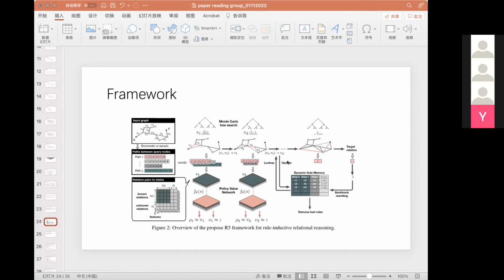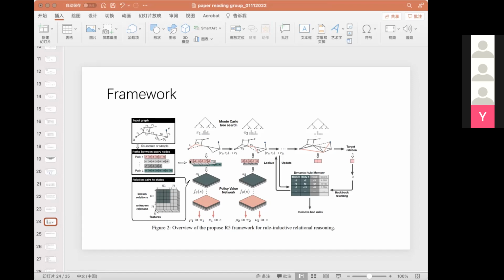So we just take this picture as an example. For example, our goal is to infer the relation between X and Y, and there are multiple paths connecting X and Y. We just list all these possible paths here. For example, following the rule, R1 and R2 together can infer R3.